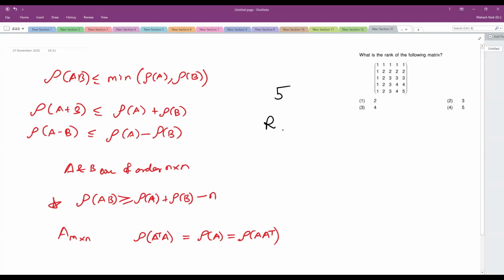So let's say R2 goes to R2 minus R1, which will give us 0, 1, 1, 1 and 1 in the second row. The first row will be all ones. And then we can see the elements are almost similarly placed.